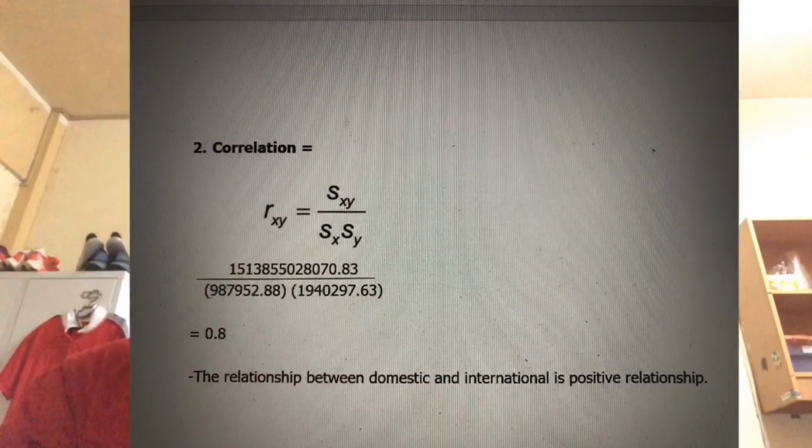After that, you can find the correlation using this formula, which is the covariance divided by the standard deviation of X multiplied by the standard deviation of Y. After calculating, you will get 0.8. So what we can get from here is that the relationship between domestic and international is a positive relationship. That's all from me.